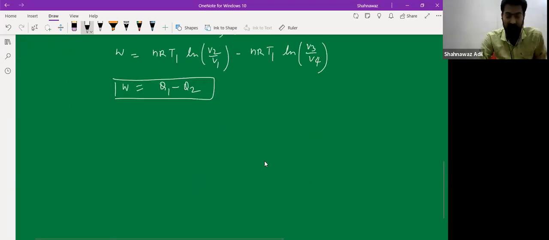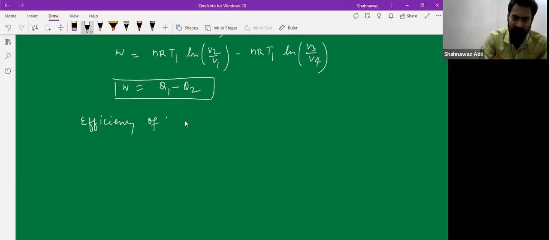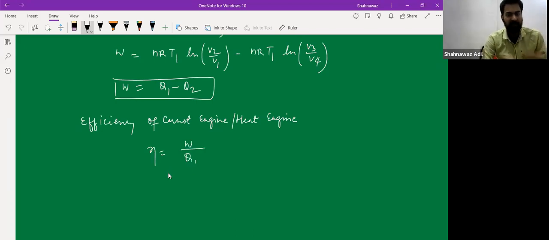There is a thing called the efficiency of the Carnot engine, or you can say the heat engine. This is denoted by eta, which is the work done by the gas divided by the heat supplied.